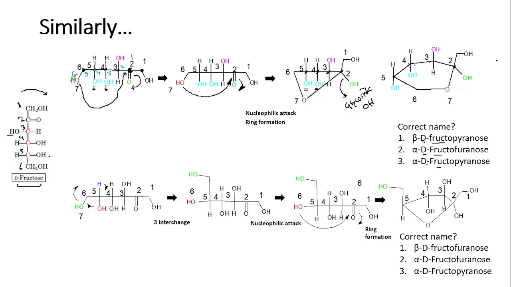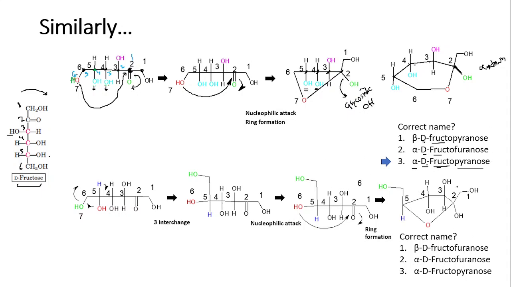Remember, alpha means down, so alpha OH means it is pointing down, and it's a 6-membered ring, so it's a pyranose. So this particular one would be named alpha-D-fructopyranose.